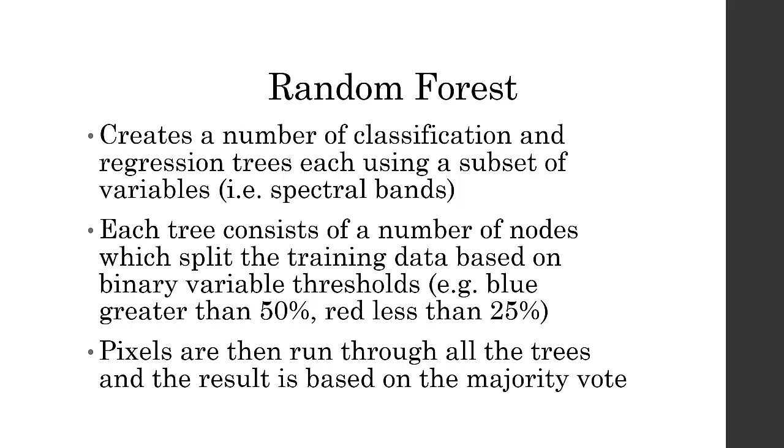If yes, go right. If no, go left. And you continue down this dichotomous branching tree until you get to the point where you're left with only one class's worth of training pixels. When you get to that point, that's a class. Anytime a new pixel ends up there, it's assigned to that class, or it's voted to be in that class. Again, we're going to look at that in just a second to make things a lot more clear.